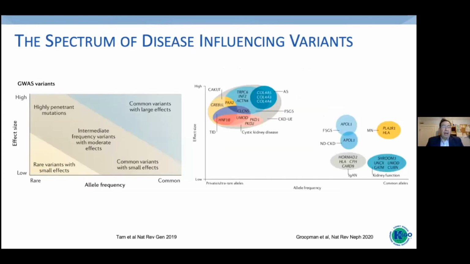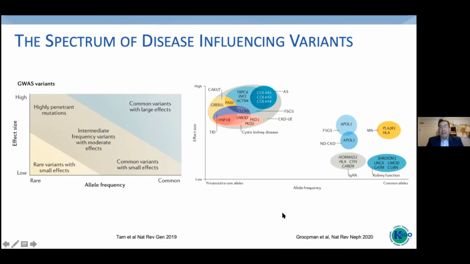On the left here is a picture found in essentially every textbook of human genetics. We think of, again, the spectrum from complex to Mendelian. Mendelian diseases are highly penetrant mutations that are each quite rare, and complex diseases are the effect of many common variants, each with small effects.